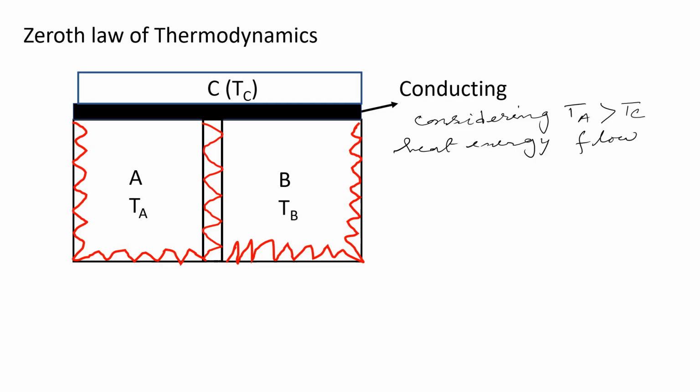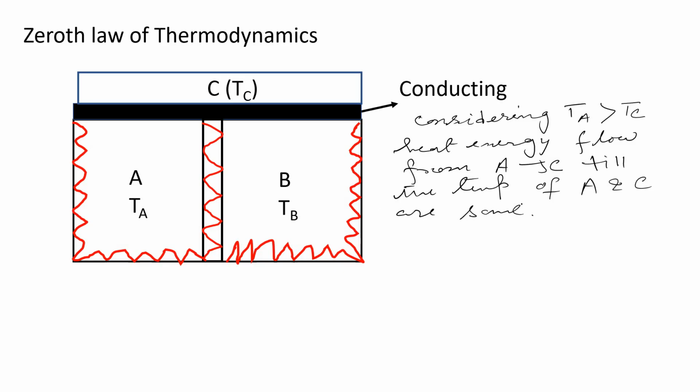So heat is actually the mode of energy transfer. So heat energy flows from A to C till the temperature of A and C are the same.